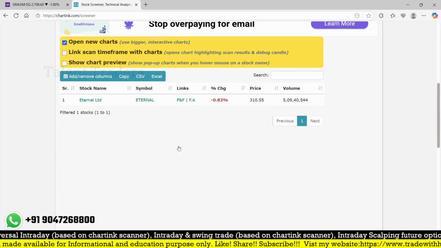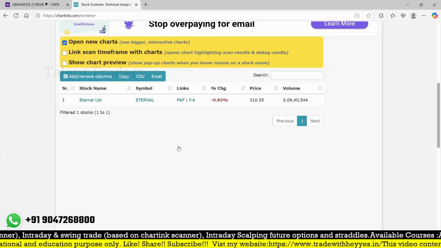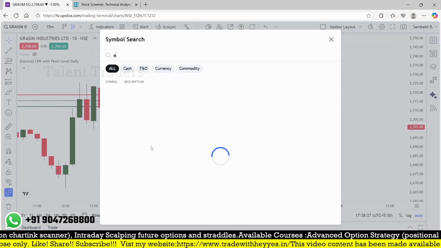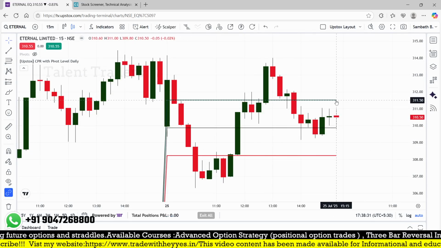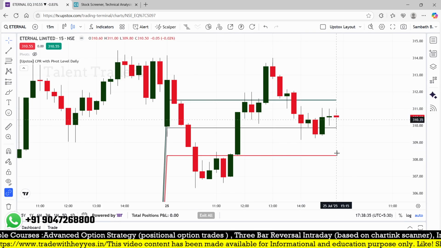Okay, but I want to check that it should happen in the in-between level, exactly between the TC and the BC. That is what I want to look for.